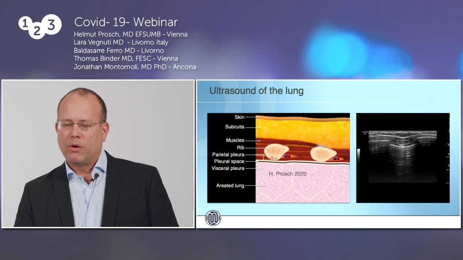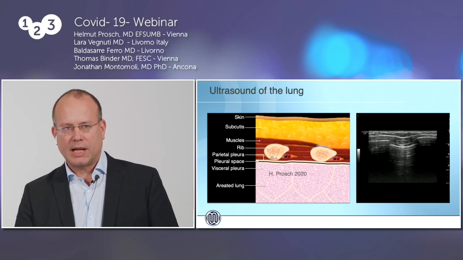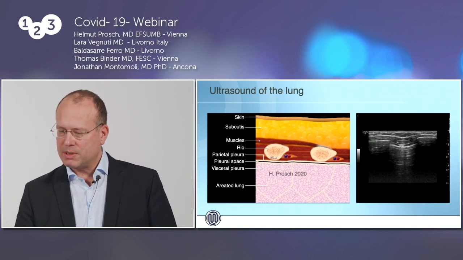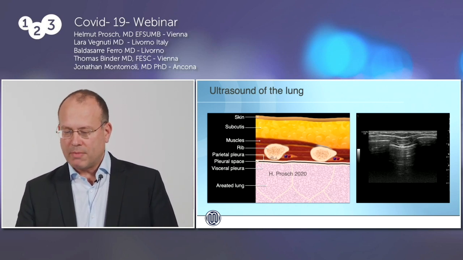Because we are going to see a number of cases afterwards, I was asked to give an introduction on what to expect to see in ultrasound of the lung. So this is just a brief introduction. This is not a lengthy discussion on this topic, but so that you understand what you will see afterwards in these cases. So just to remind you, what do you see on a chest ultrasound?